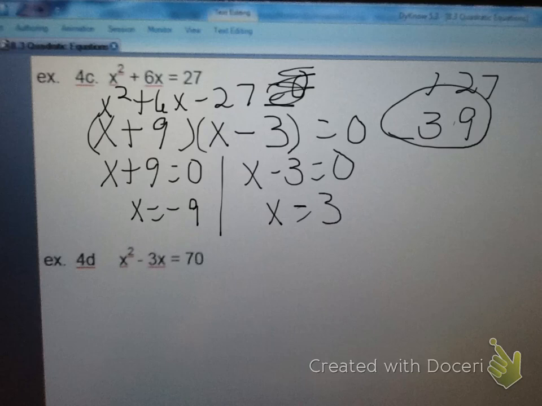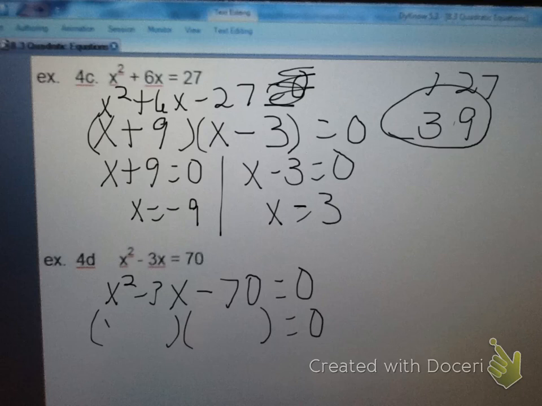Okay, example 4d. I'm going to put this equal to 0. Make my two binomials. Factors of 70. Now, I want to find factors of 70 that subtract to get 3. I already know that's 7 and 10, so I can stop right there.